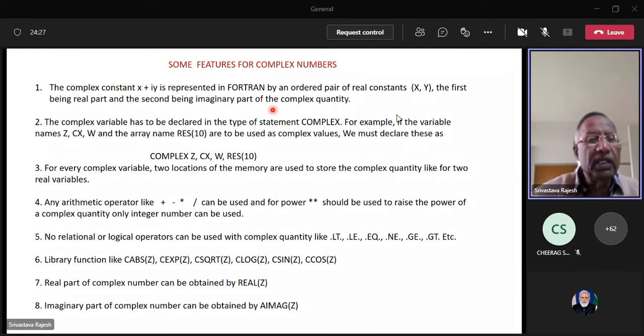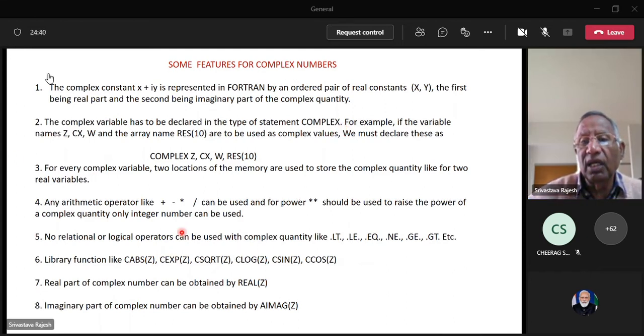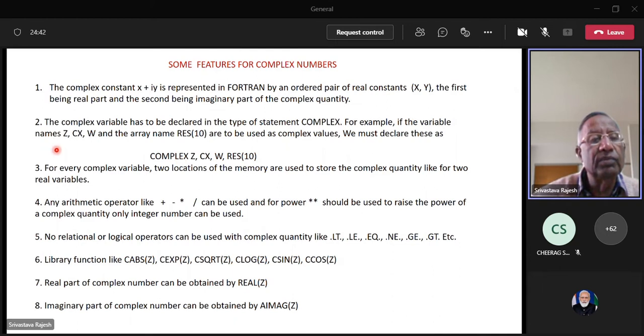Okay, next point is that the complex variable has to be declared in the type, just like double precision. You have to declare in the beginning which variables are complex. For example, if the variable name ZCXW is complex and the array name is res10, and the complex quantity is dimensioned, then you can use this.